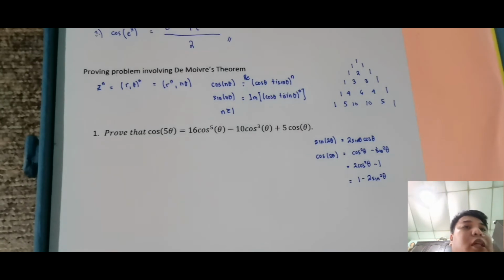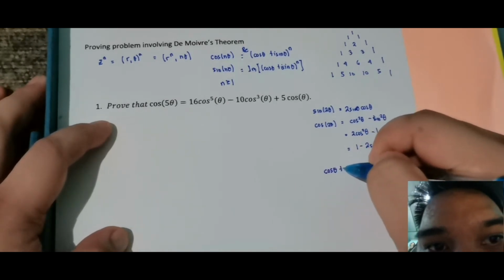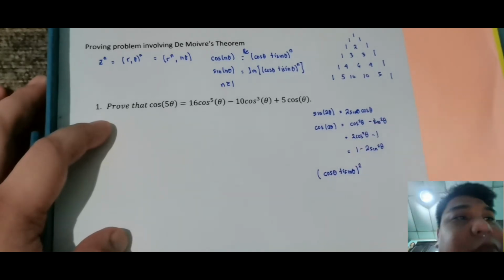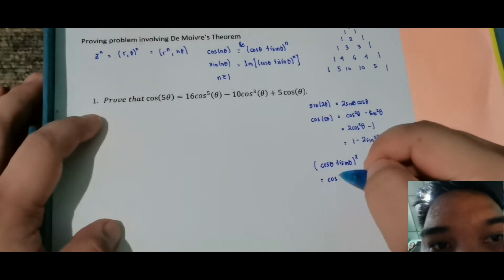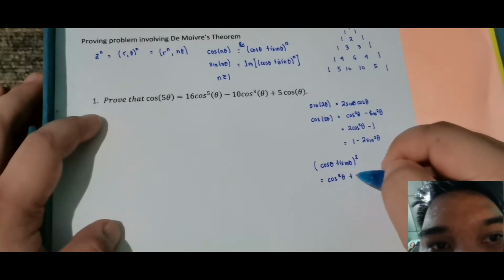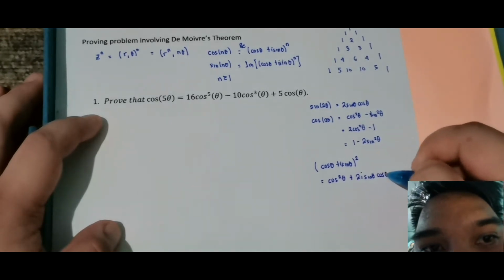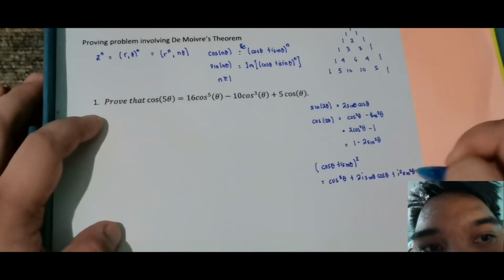So, possible natin ma-verify yan using yung sin 2 theta sa cosine 2 theta using yung cosine plus I sin theta raised to 2. So, ang gawin natin, kunin natin si cosine theta plus I sin theta raised sa 2. Okay, so once na-expand, that is equivalent sa cosine squared theta plus 2i sin theta cosine theta then plus I squared sin squared theta.